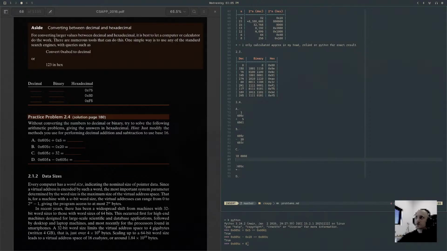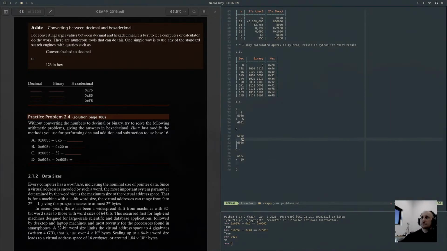And if you convert that into hex, it would be 2, 0. So this becomes 2, 0, in which case C is the same thing. So 0x20.